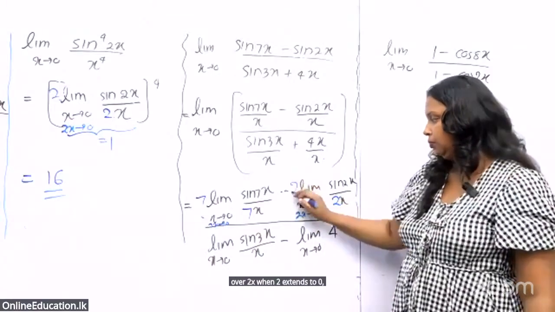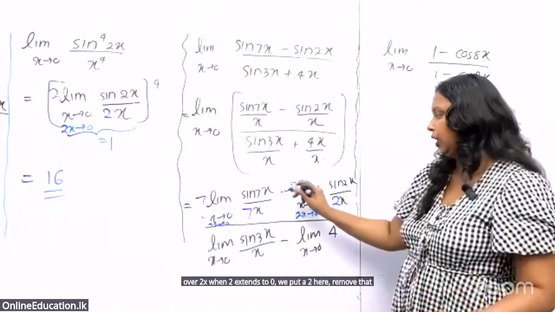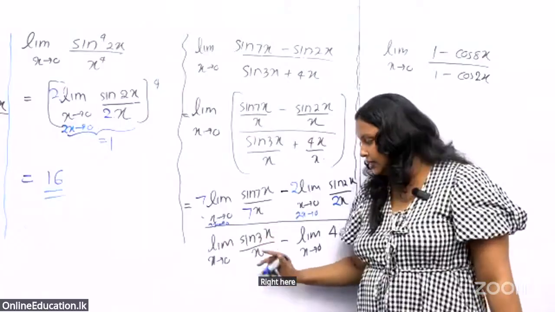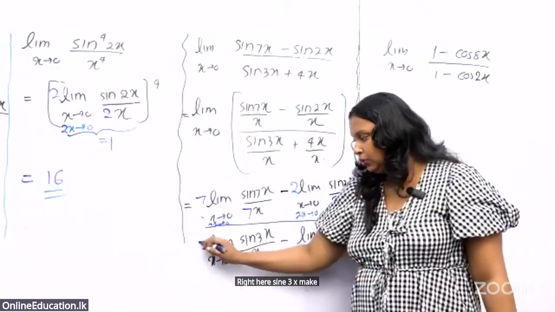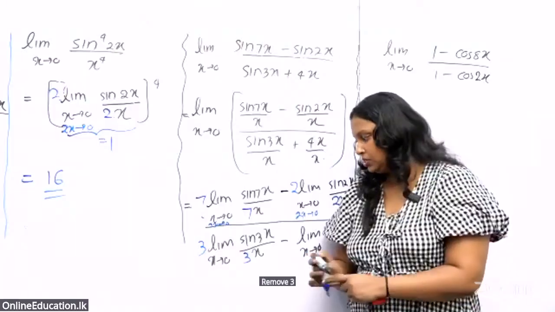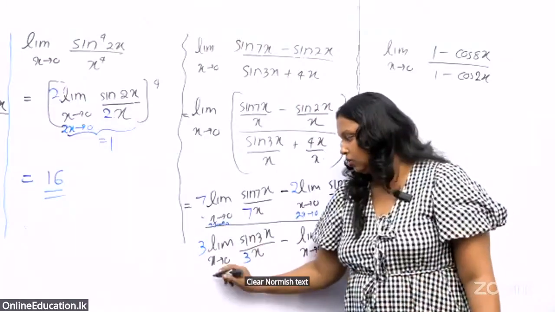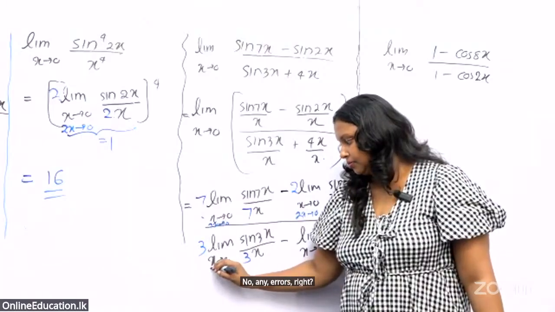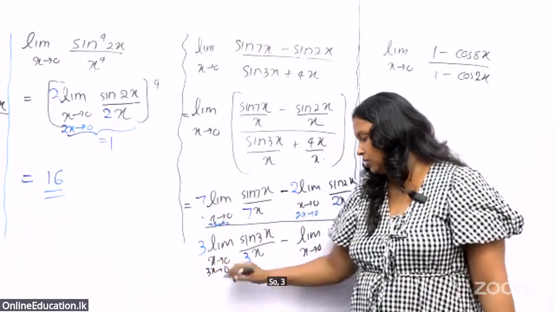We put a 2 here, remove that extra 2. Here, sine 3x, make it 3x, remove 3. Clear? No mistakes. So 3x also tends to 0.